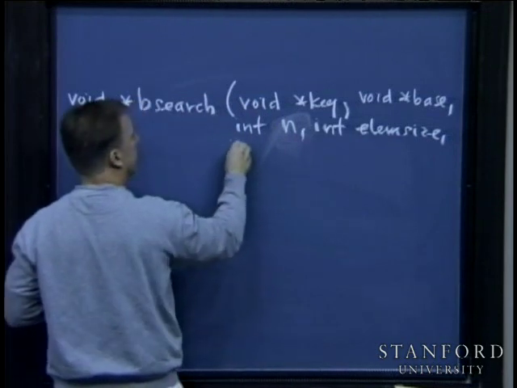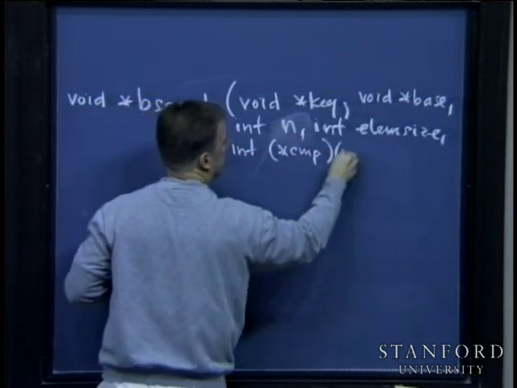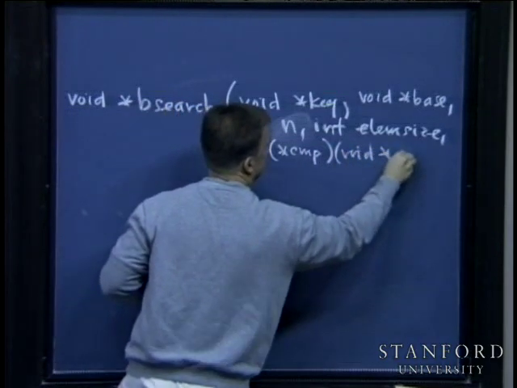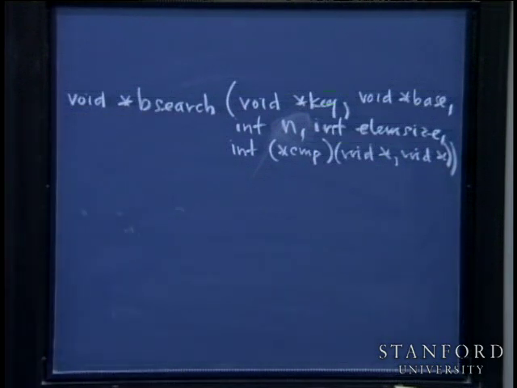And then it takes a comparison function that takes 2 void stars. The algorithm, in many ways, the pointer mechanics are exactly the same as they are up there. The only part that's different is that it does this binary search to figure out what index to probe next. It assumes that the data is in sorted order.